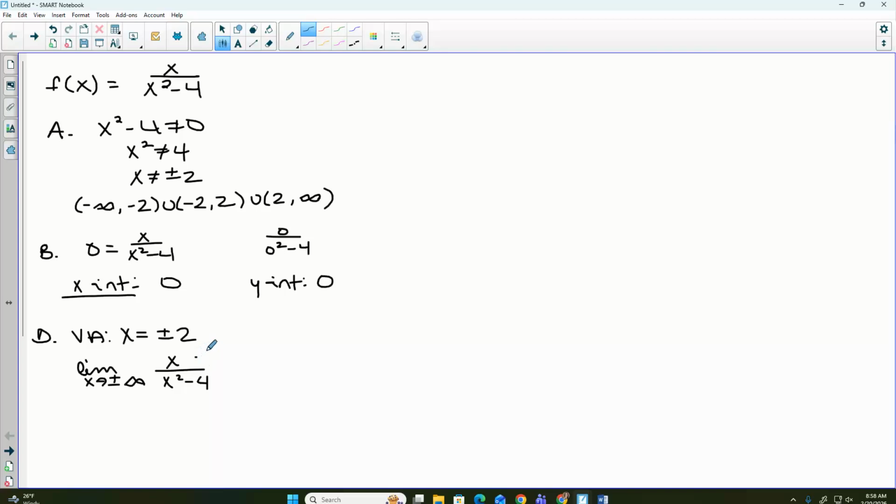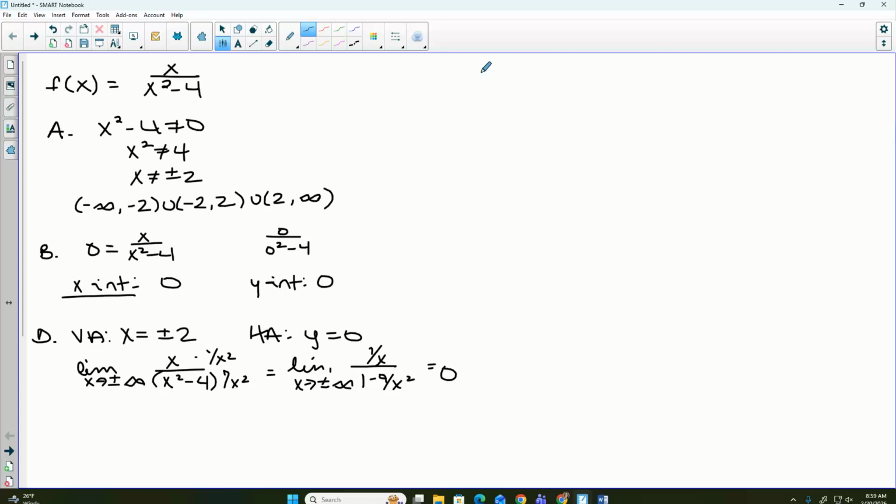So if we take everything times 1 over x squared, the limit as x approaches plus and minus infinity of 1 over x over 1 minus 4 over x squared. So a number over infinity goes to 0, so we have 0 over 1 minus 0, which is 0. So horizontal, y equals 0.